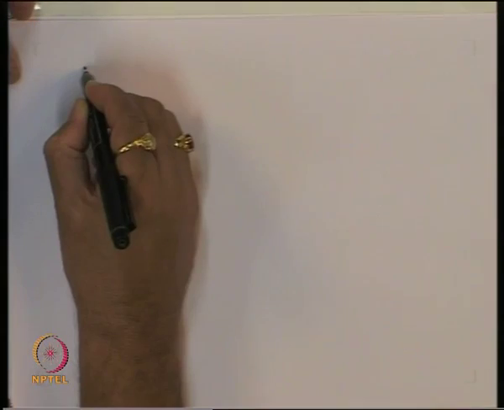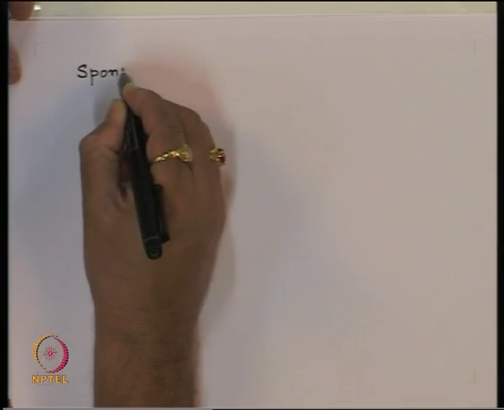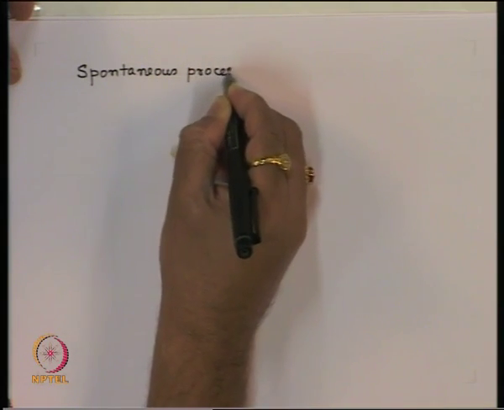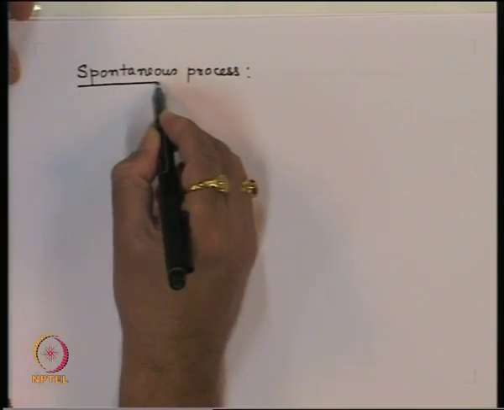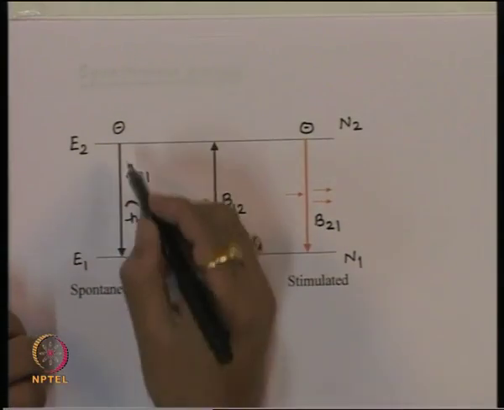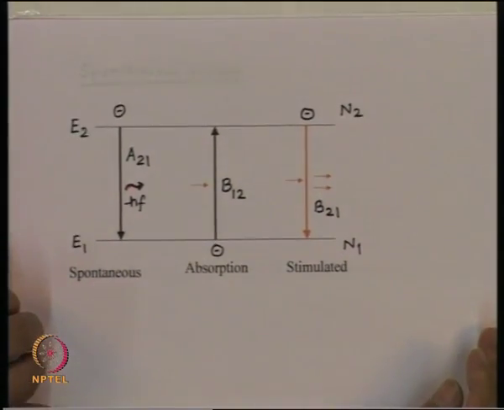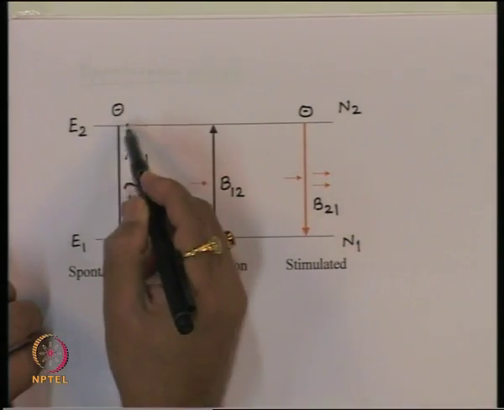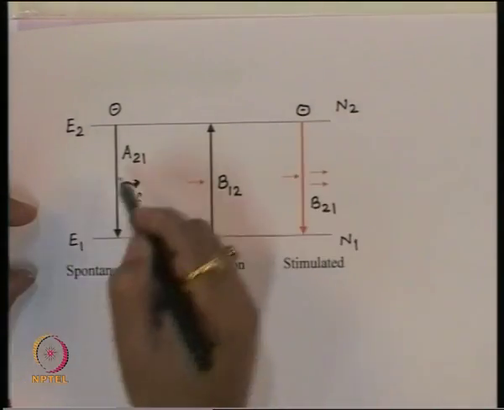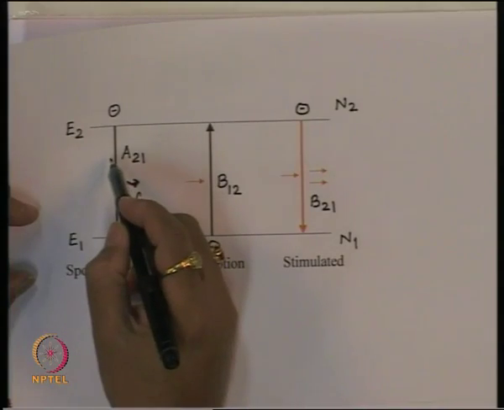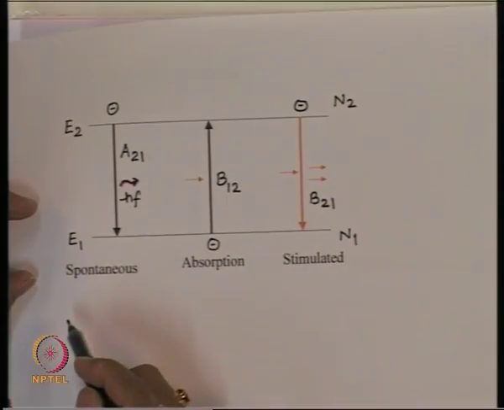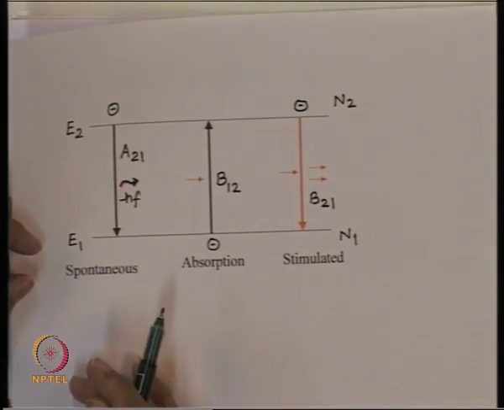So, first take the spontaneous process. Here the rate of electron transition downwards, or rate of depletion of electrons in the upper level, which will be given by minus dN2 by dt, will be proportional to N2, the electron density in the upper level, and the proportionality constant will be this quantity A21.